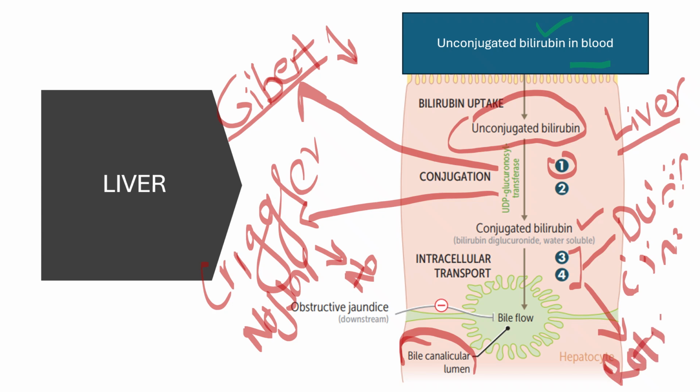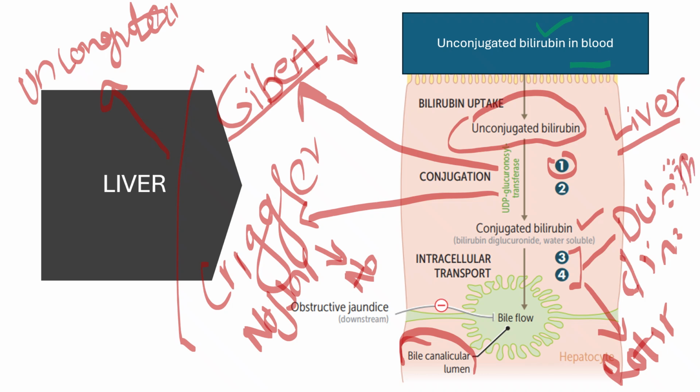They are basically disorders of the excretion of the conjugated bilirubin. The first two disorders lead to unconjugated or indirect hyperbilirubinemia, while these two, Dubin-Johnson and Rotor, lead to conjugated hyperbilirubinemia. I hope this makes some sense.